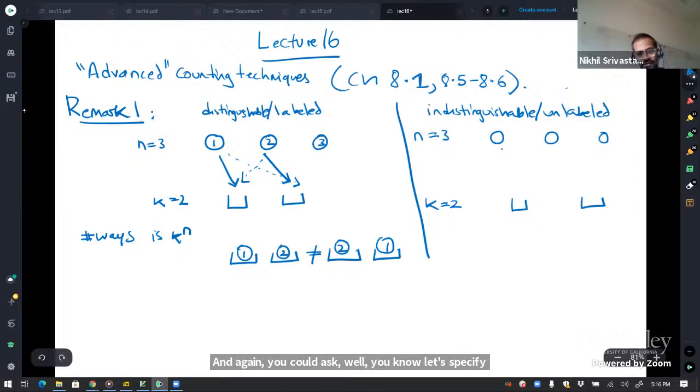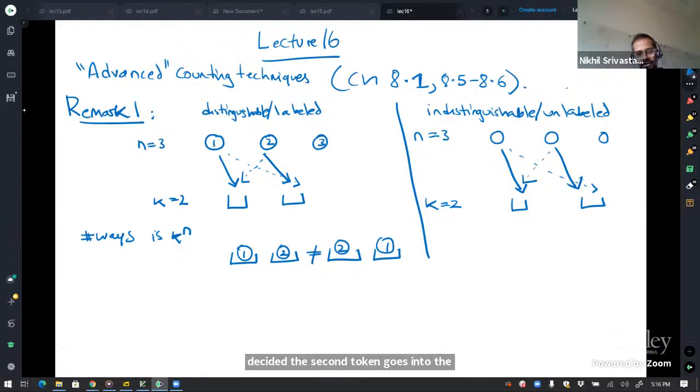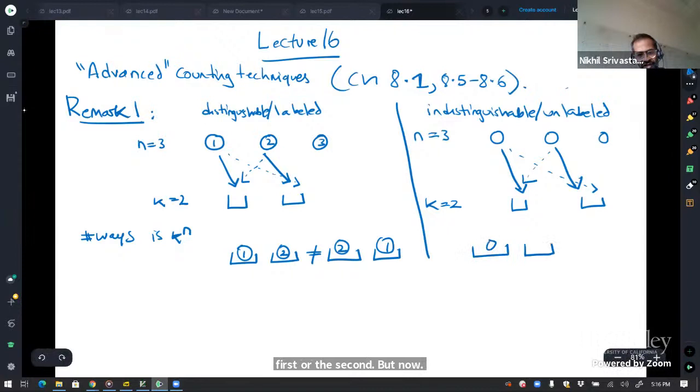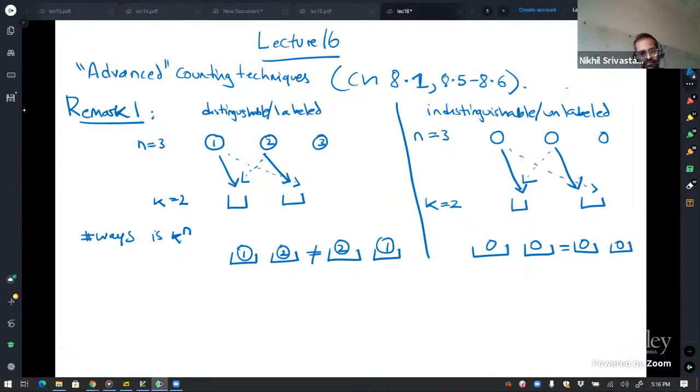You could try using the same choices, deciding whether the first token goes into the first or the second box, and then whether the second token goes into the first or the second. But now these are two different ways of making choices, and they both lead to the same allocation. If you make the dotted line choices, you get the same allocation as if you make the undotted line choices.